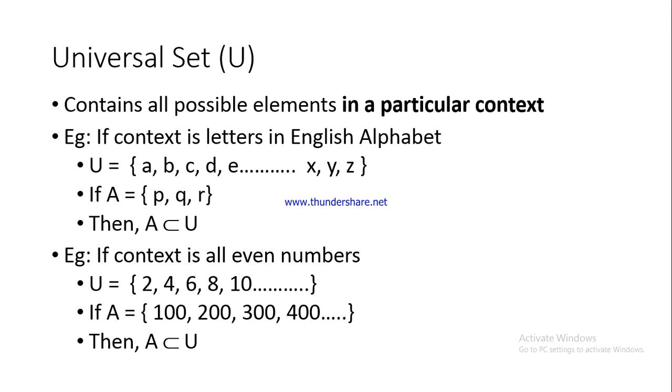It will contain all the even numbers and it goes up to infinity, 2, 4, 6, so on up till infinity. So now if you have got A is equal to 100, 200, 300, 400, you can understand that all the elements in A, they are also divisible by 2. Basically they are also even numbers. So A would be again a subset of U, or the universal set.